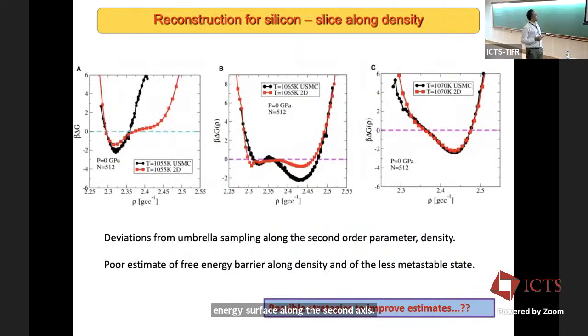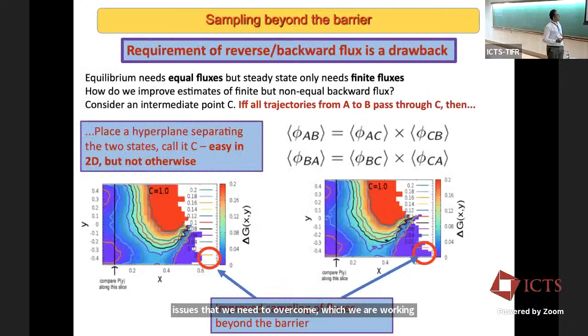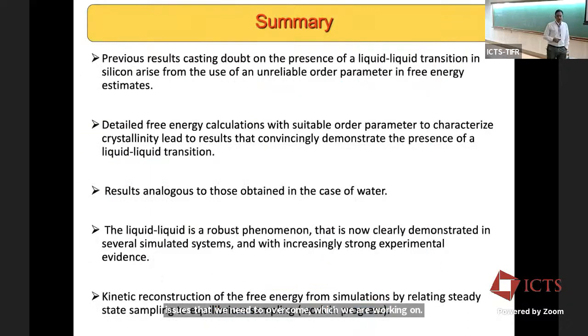It seems to work well for silicon as well up to a point, but it doesn't work well enough at this point. There are possibly conceptual or simply sampling issues that we need to overcome, which we are working on. I wanted to put that up simply to say that if people in this audience have better ideas on how to go about this, it would be a very welcome suggestion.